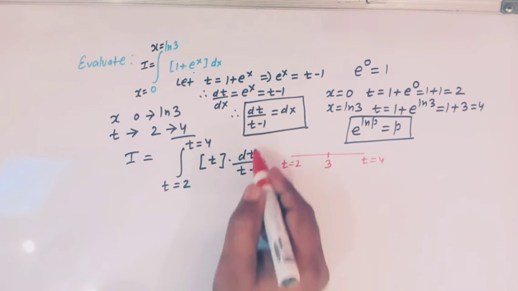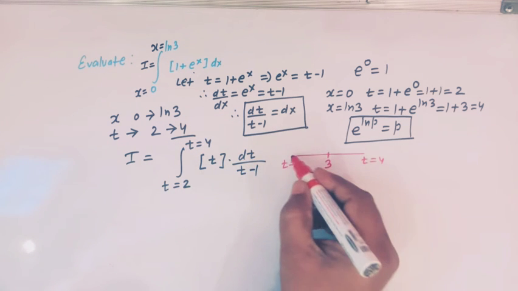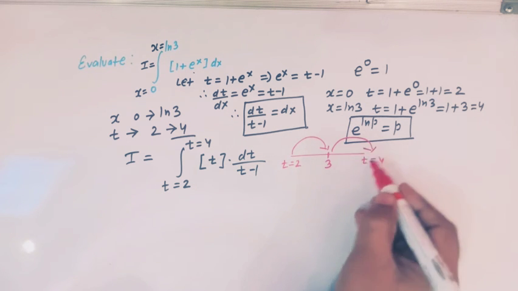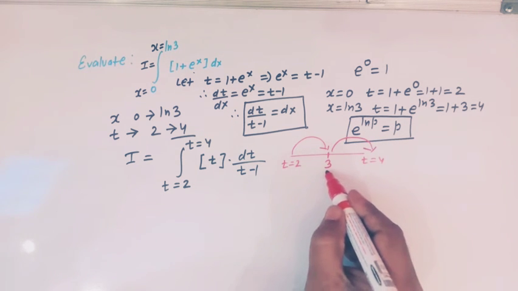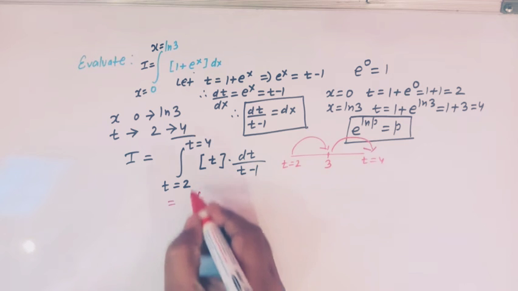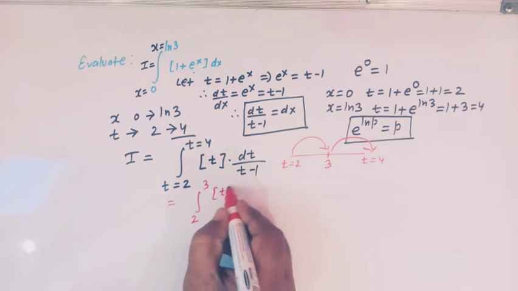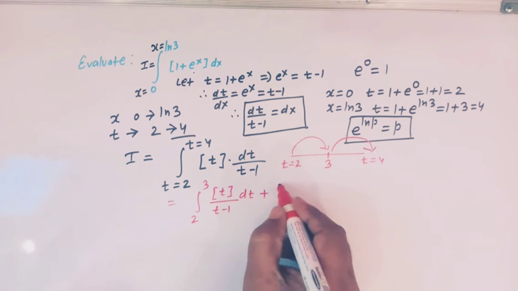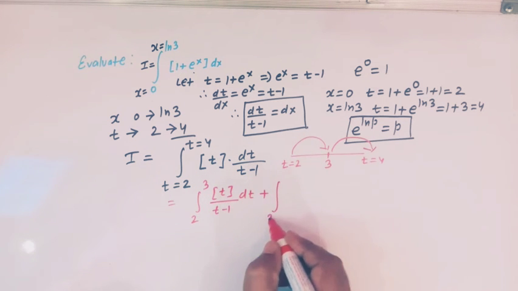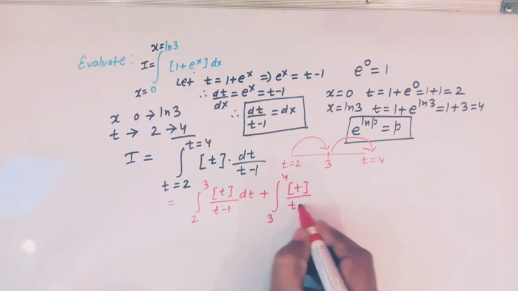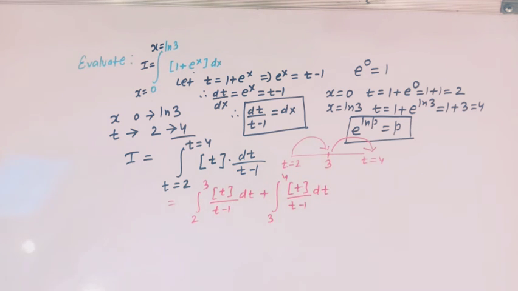So we split this integral into two integrals, one from 2 to 3, the other from t equal to 3 to t equal to 4. So we can write the first integral from 2 to 3 of greatest integer t over t minus 1 dt, plus the second integral from 3 to 4 of greatest integer t over t minus 1 dt.